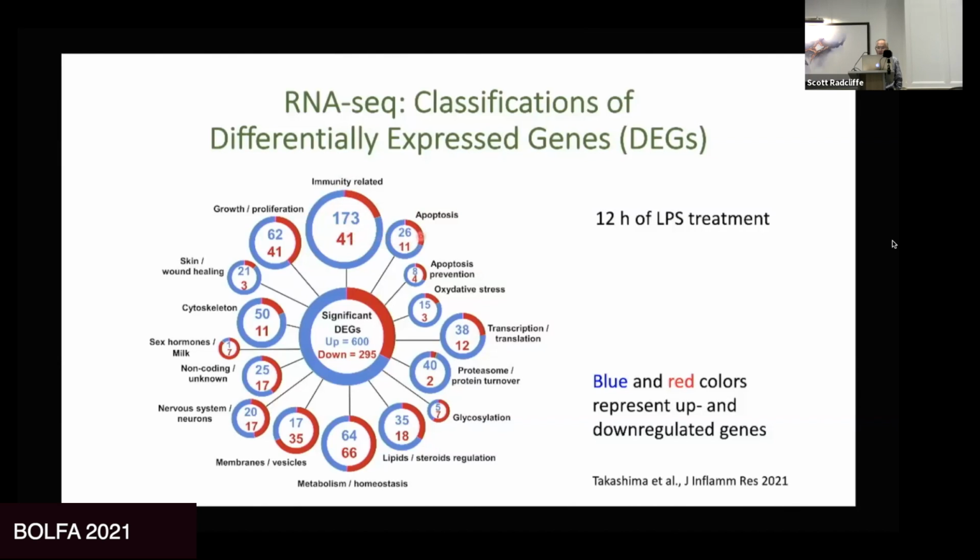Then we have increased apoptosis genes. We have oxidative stress, which is mainly the nitric oxide, oxidase-induced oxidative stress. And also, I'm going to show you the proteasome actually significantly increased, okay? And then in metabolism, we do have up and down regulation.